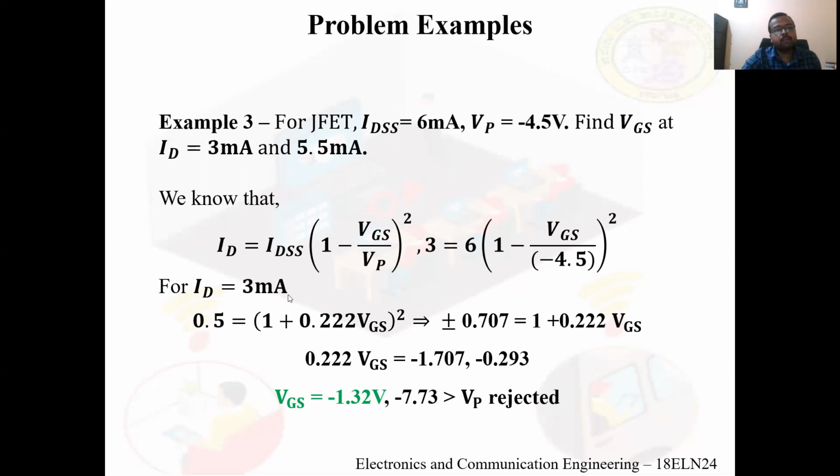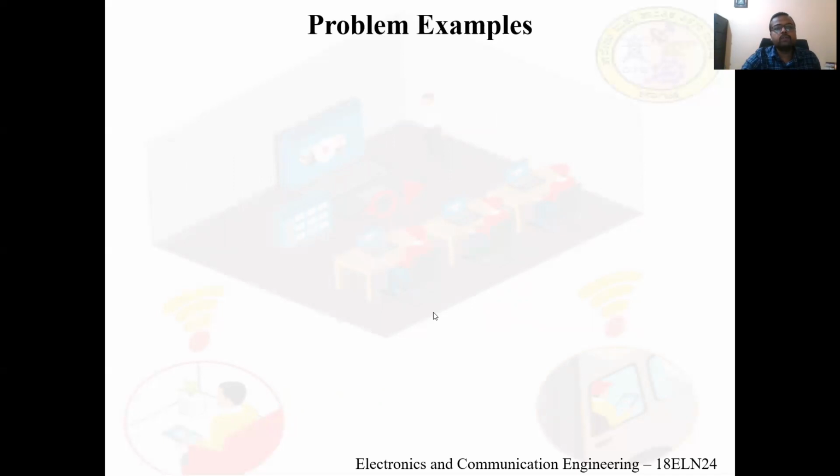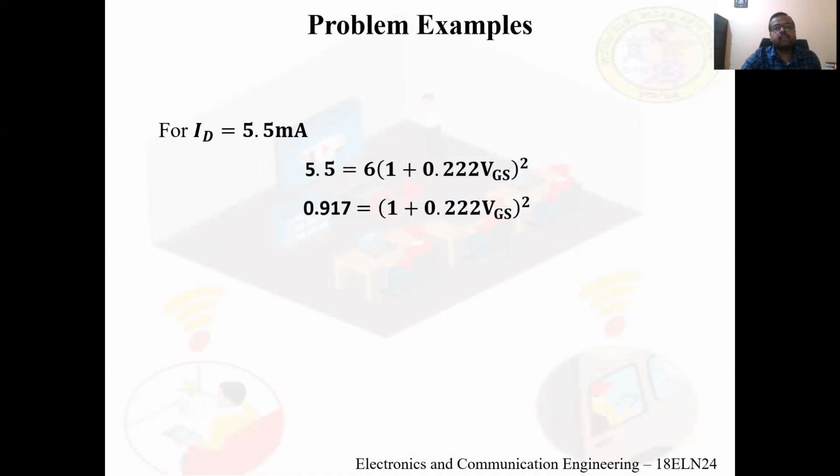Now do the same for ID equal to 5.5 milliamperes. Substitute in Shockley's equation, simplify, take the square root, plus or minus, and you get the value as 0.957 equal to 1 plus 0.222 VGS.